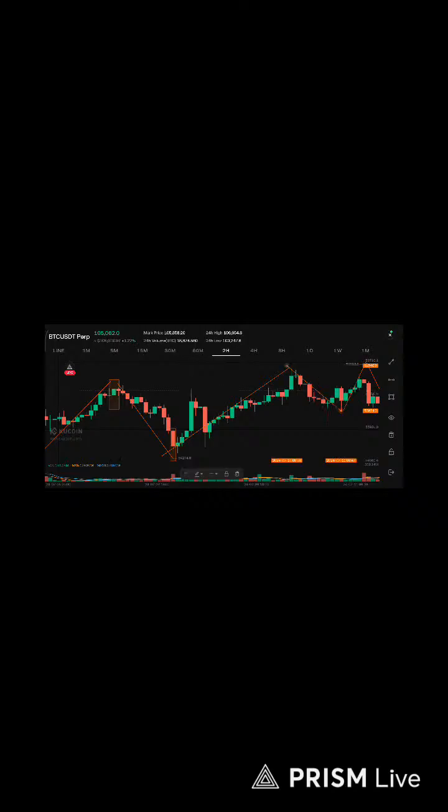But here, this was a valid swing high because the shooting star candlestick here displaces the doji on the right and the hammer on the left. That is why this place is valid. Okay, I believe you are following.